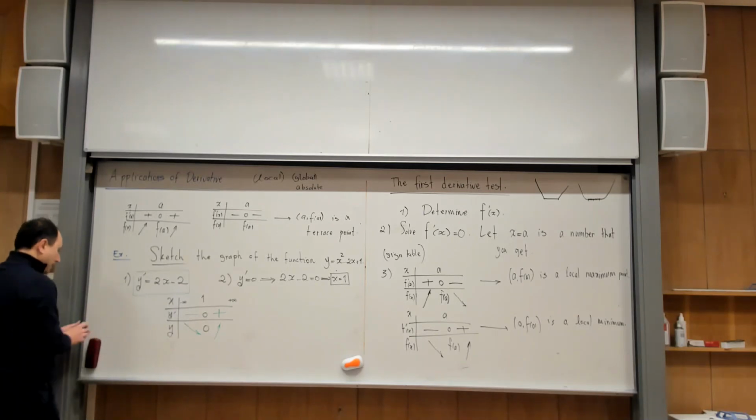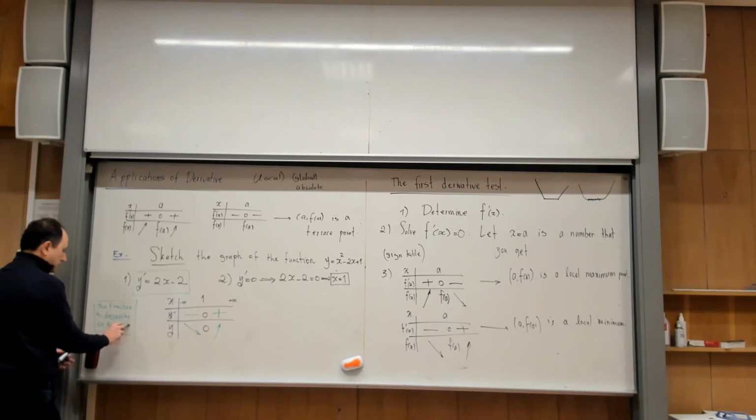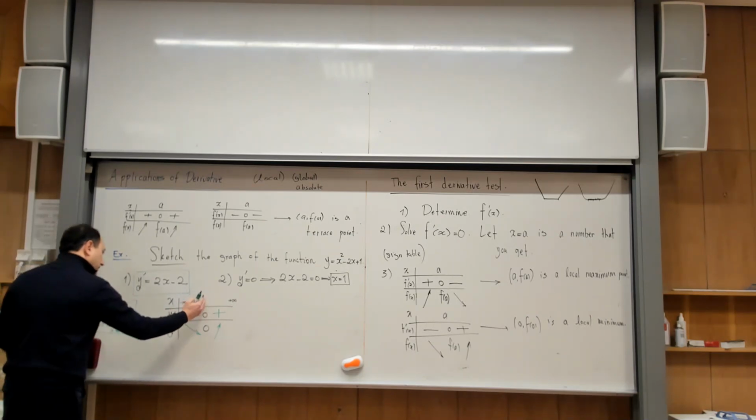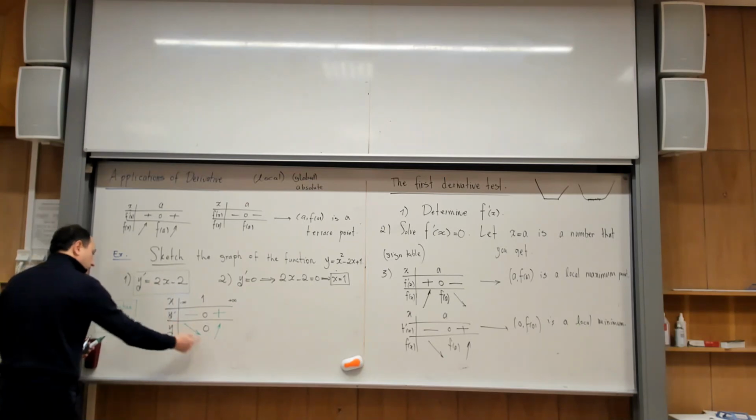So in those questions, you can answer like this: the function is decreasing on the interval x less than or equal to 1, because on the left-hand side of 1 the function is decreasing.